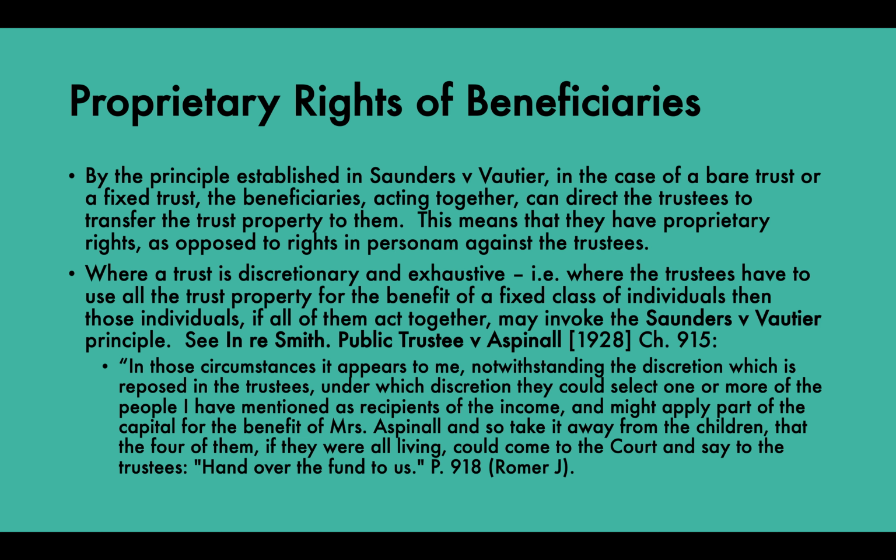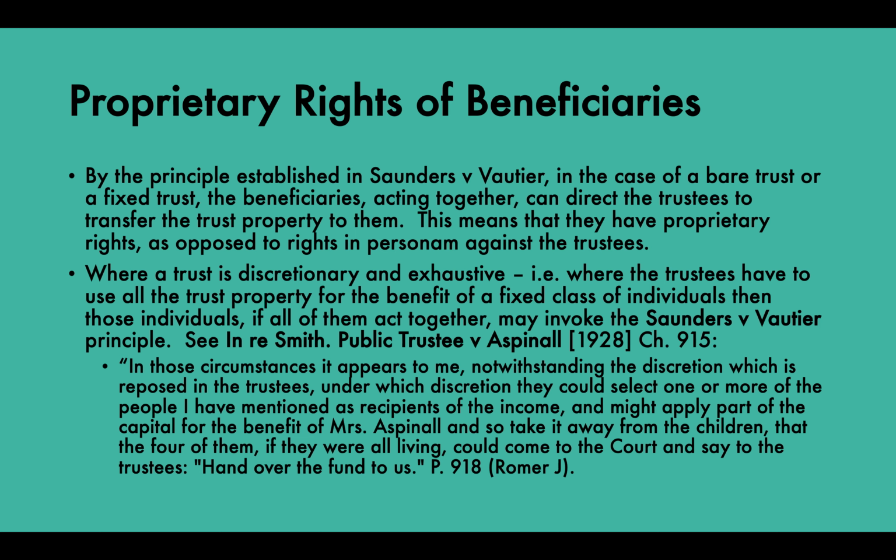So if there is an exhaustive discretionary trust of which there are three beneficiaries, it will be for the trustee to decide how the trust property is to be divided, exercising their discretion. However, under the principle of Saunders v Vautier, the beneficiaries can override the discretionary power of the trustee.